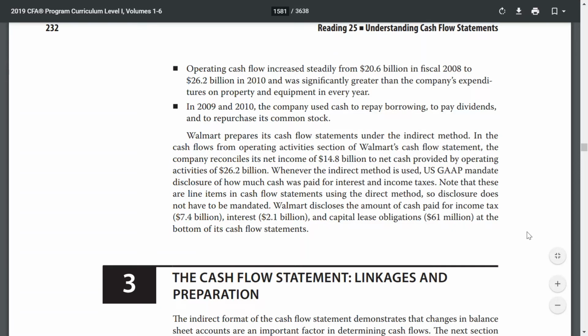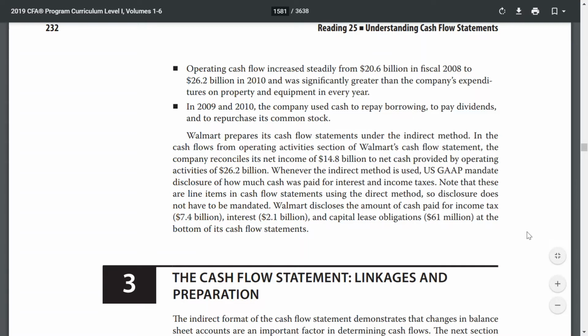Note that these are line items in cash flow statements using the direct method, so disclosure does not have to be mandated. Walmart discloses the amount of cash paid for income tax, $7.4 billion, interest, $2.1 billion, and capital lease obligations, which is $61 million, at the bottom of its cash flow statement.